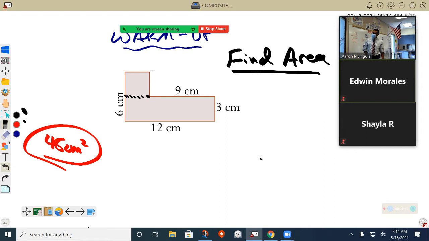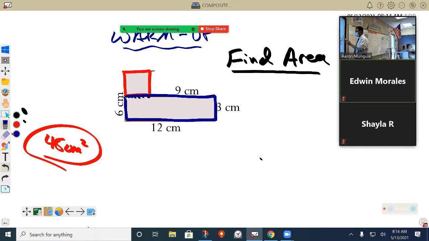What I'm going to do is find the area of this small rectangle, which kind of looks like a square, but remember a square is a kind of rectangle. And I'm going to find the area of this rectangle at the bottom. And we'll be rocking and rolling.